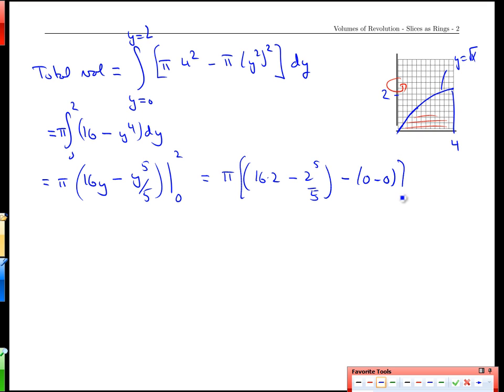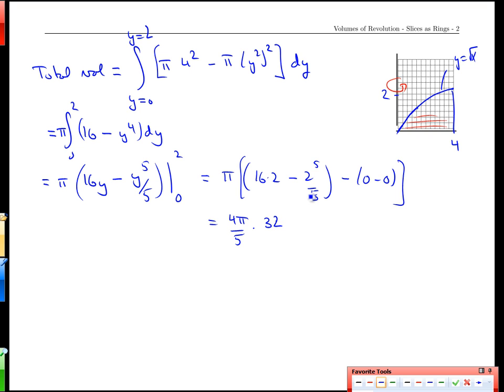That's nice. And so we get 32, and 2 to the 5 is also 32, so we're going to get 4 pi over 5 times 32. 32 minus a fifth, we'll get 4/5 of 32.